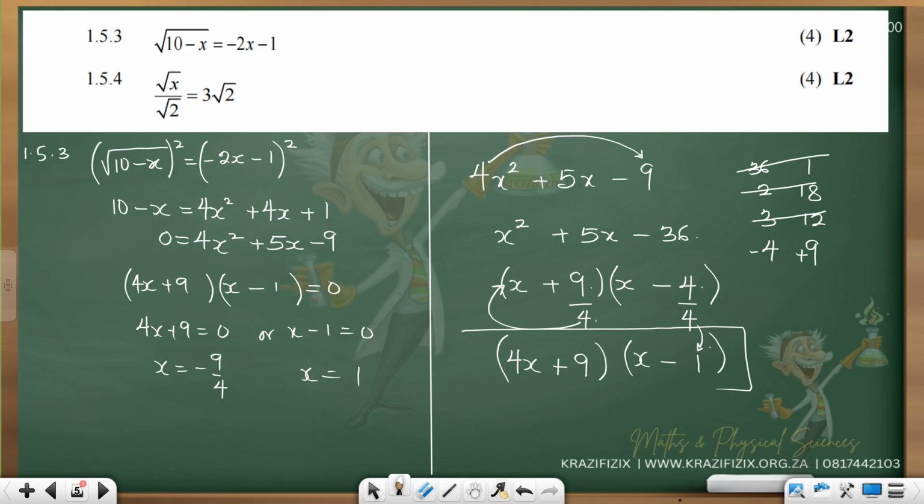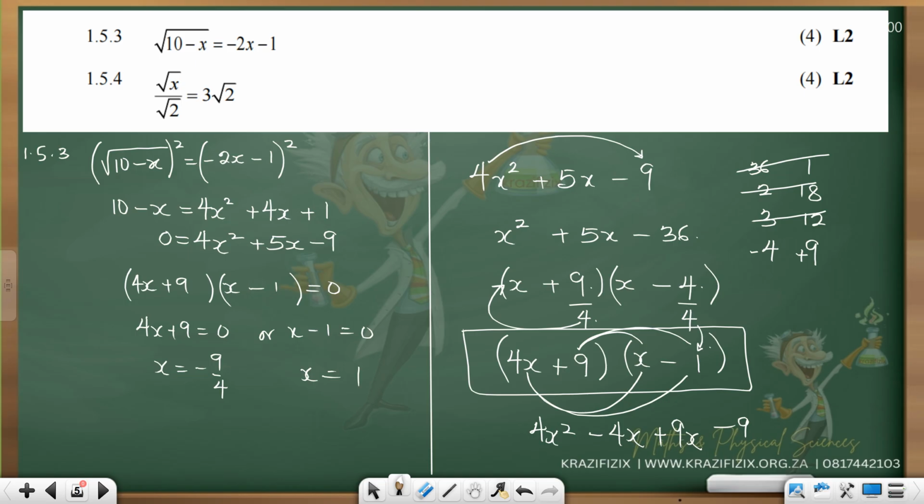Yes. Let's test if it works. I want us to expand this part. What is 4x times x? 4x squared. Beautiful. 4x times negative 1? Minus 4x. Beautiful. 9 times x? Plus 9x. Okay. And then, 9 times negative 1?